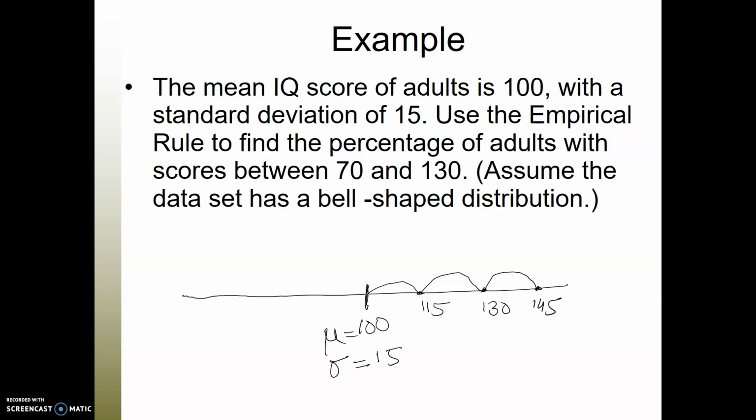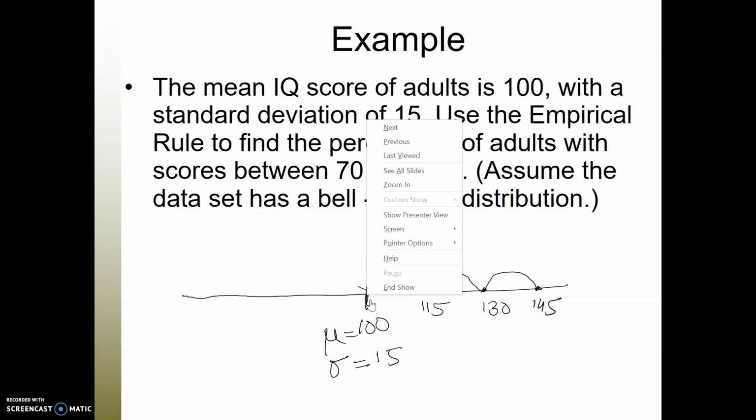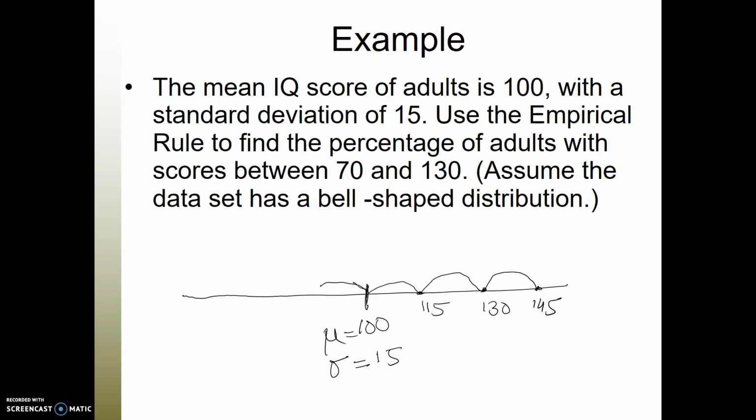Subtract 15 from 100, you end up at 85. Subtract another 15, you end up at 70. And subtract another 15, you end up at 55. Right? So now he is asking what percentage of our data values are between 70 and 130.